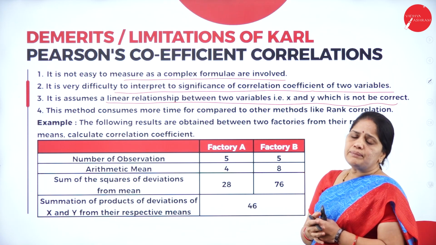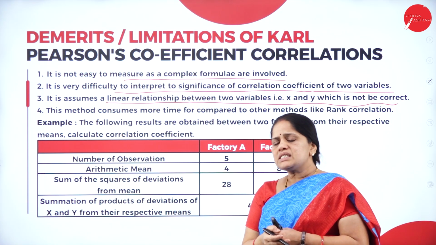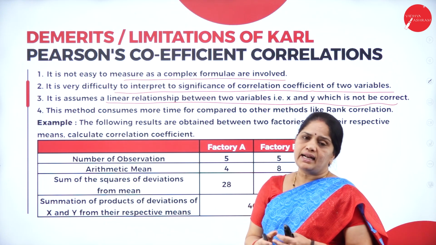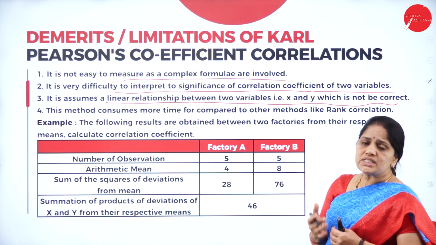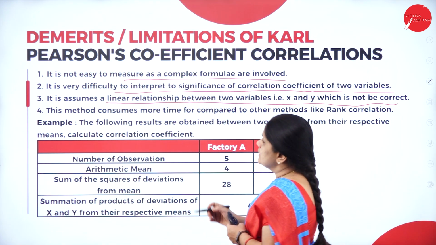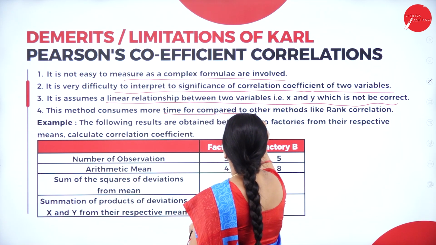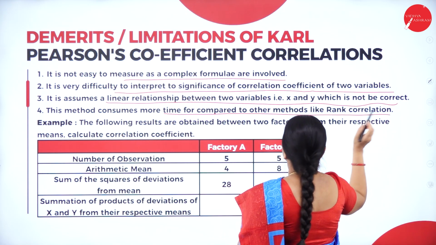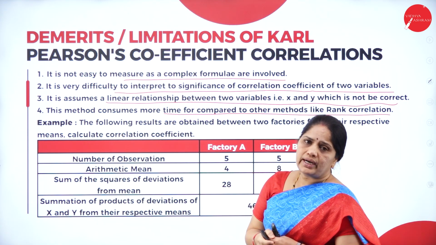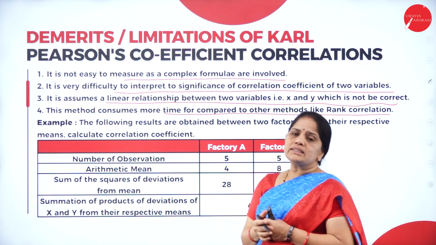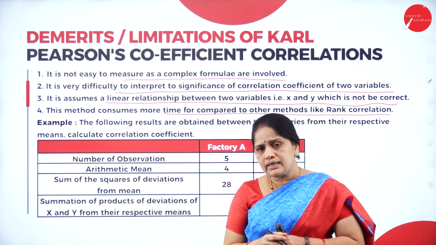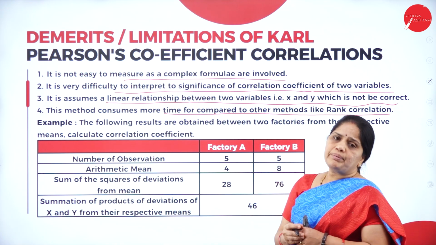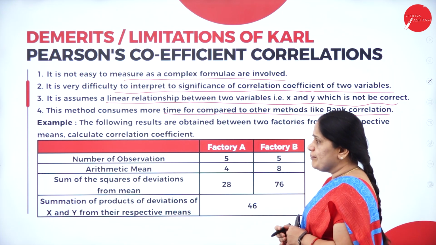So, this Karl Pearson's coefficient just tells us that there is a linear relationship whenever there are two sets of variables, which is not always correct. So, this method consumes more time compared to other methods like rank correlation. So, while calculating the correlation in Karl Pearson's method, this is more time consuming as compared to the rank correlation method.